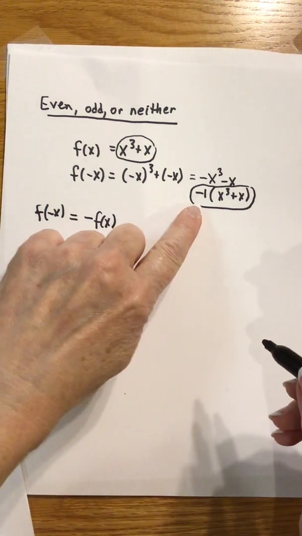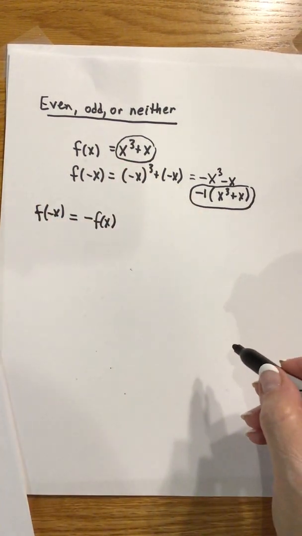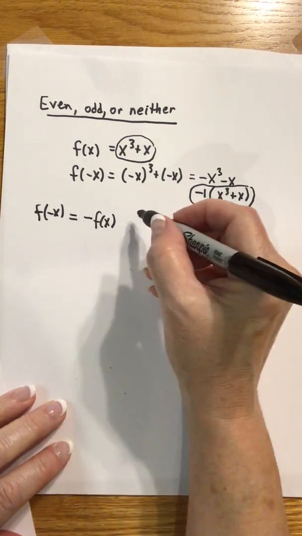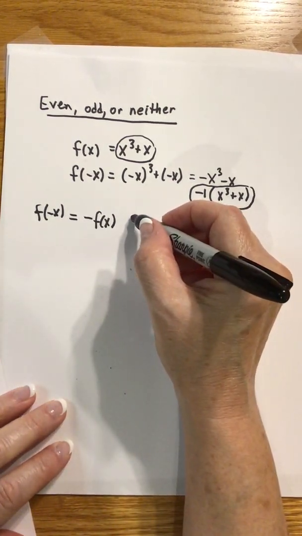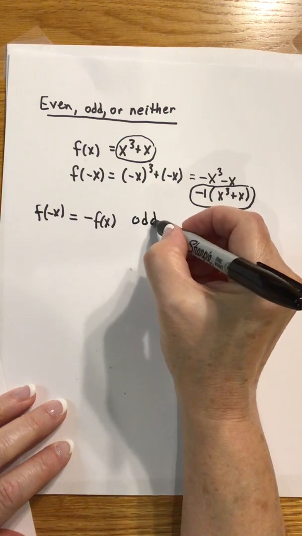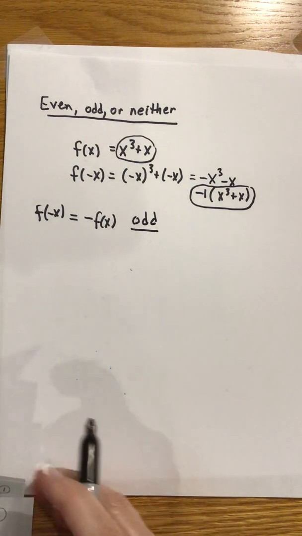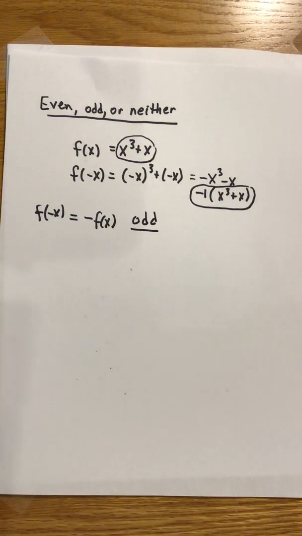See, there's the opposite right there of this one. So even, odd, or neither: if f of negative x is equal to the opposite of f of x, then we're going to say it's odd, right? Just think in the words of the word, like saying the opposite of it, and see what that does.